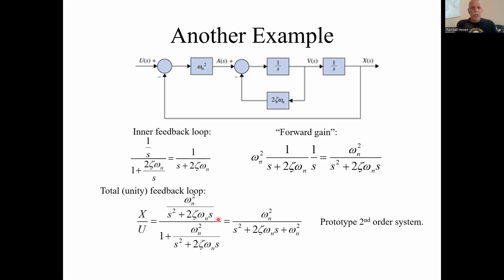So there's a G in the numerator over 1 plus GH. It's the same G. H is 1. Simplify it to that. And lo and behold, coincidentally or not, this is the transfer function of the prototype second order system. So this little block diagram is one way to represent a prototype second order system.